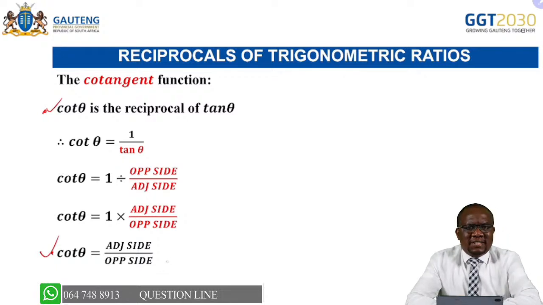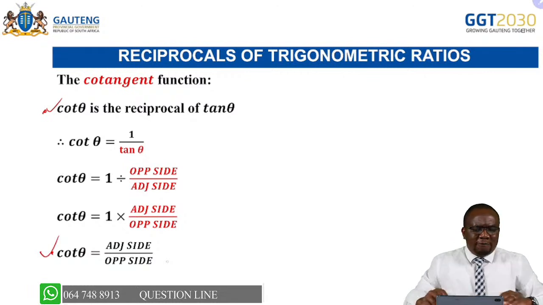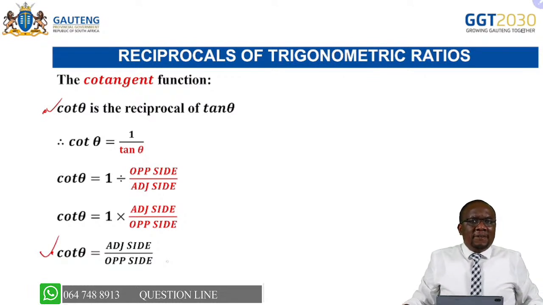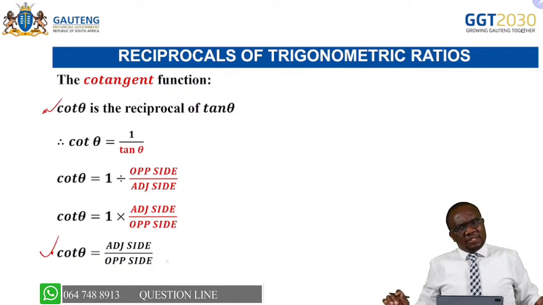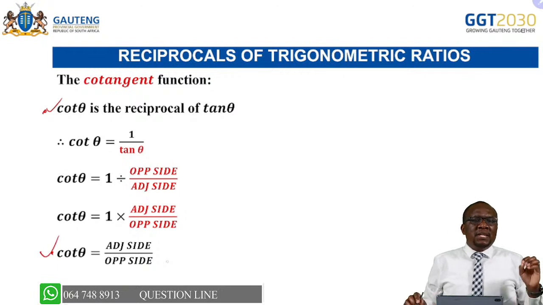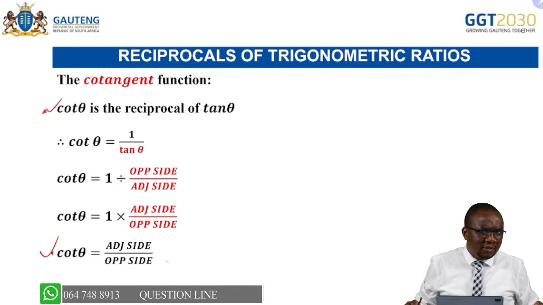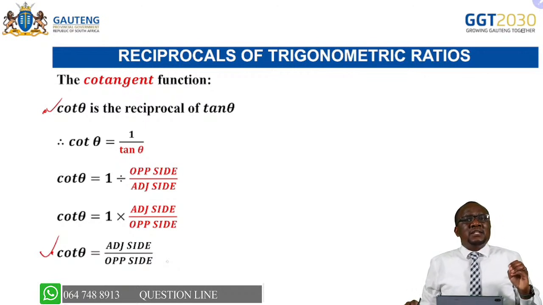Well done, grade 10s. Let's go through what we've learned so far. The reciprocal of sine theta is cosec theta, which is hypotenuse over opposite. The reciprocal of cos theta is sec theta, which is hypotenuse over adjacent.